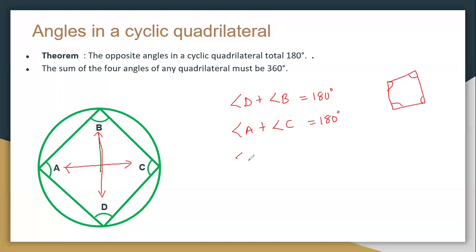So when I add angle A, angle B, angle C, plus angle D, the answer must be equal to 360 degrees. That is the property.